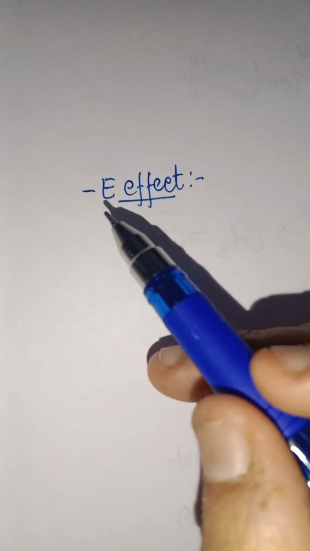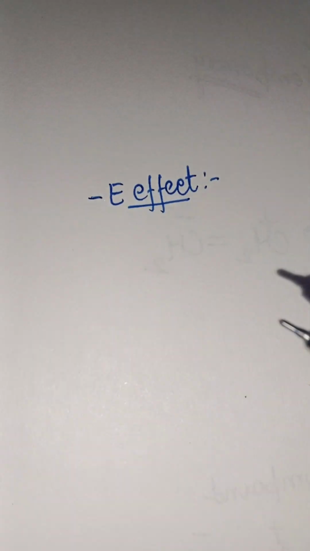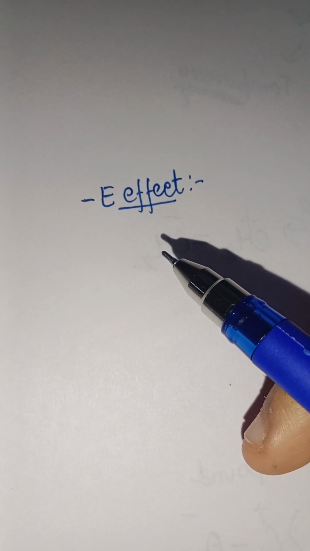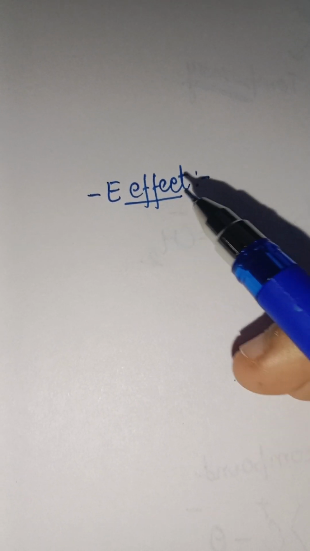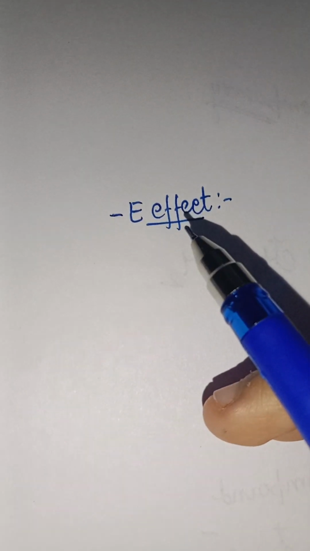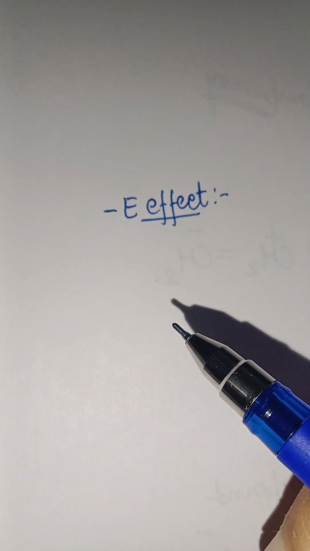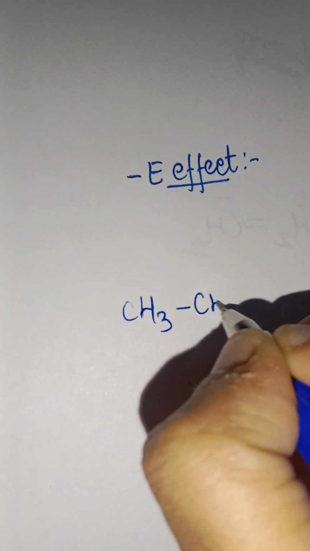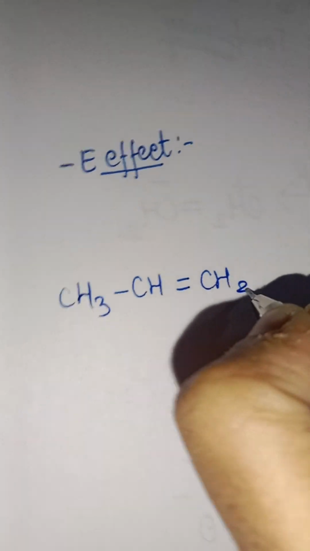Now we have the minus E effect. You can even guess that a similar thing will happen over here, but just the opposite will take place. Here, it will be attacking the one with the positive charge. For example, I have this CH3, CH, double bond, CH2.